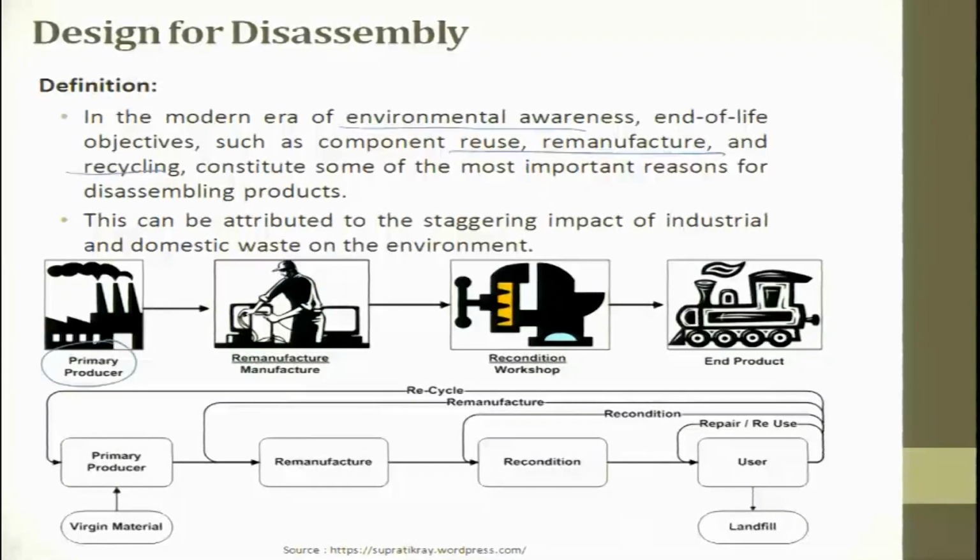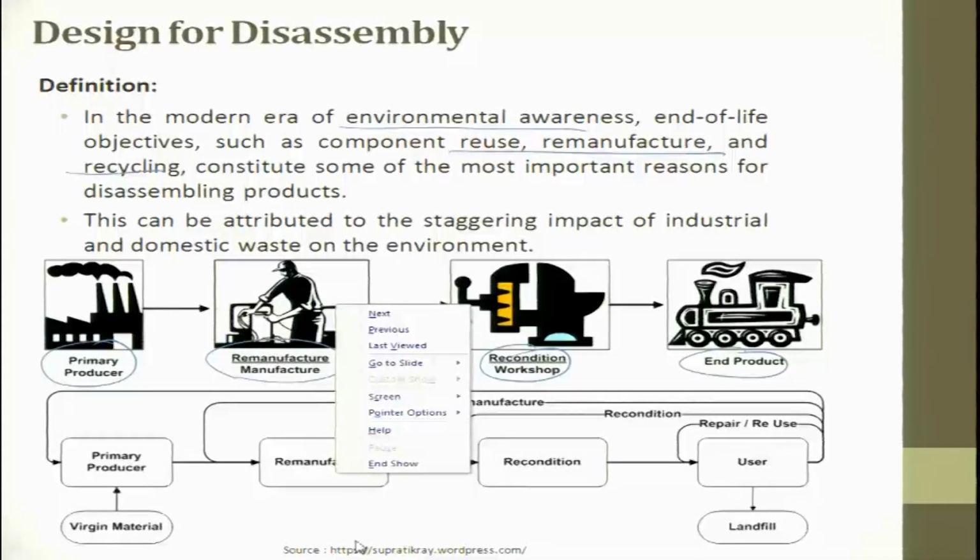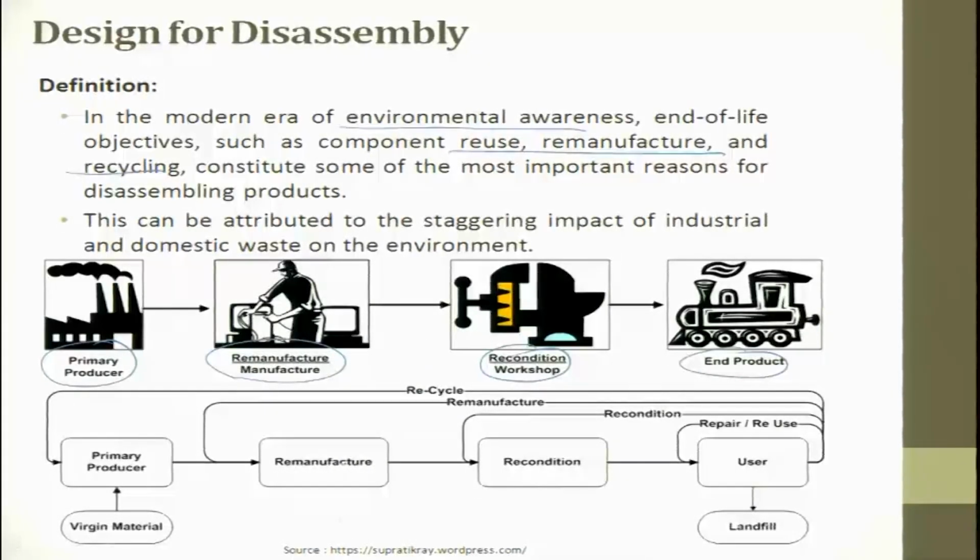So, primary producer, remanufacturing, reconditioning and end product. This is the primary producer, we remanufacture. After remanufacture, we also try to do reconditioning, and then we give it to the user.